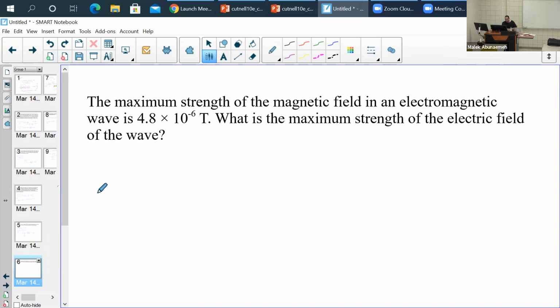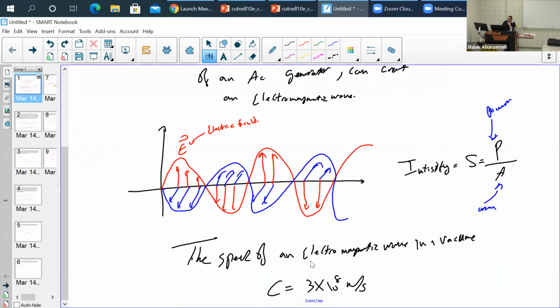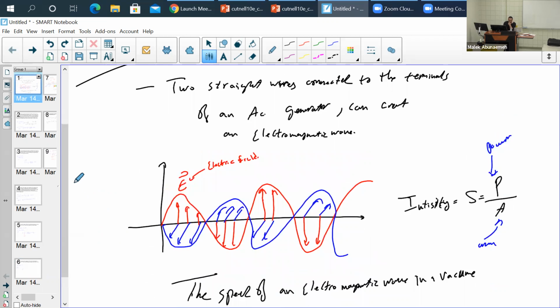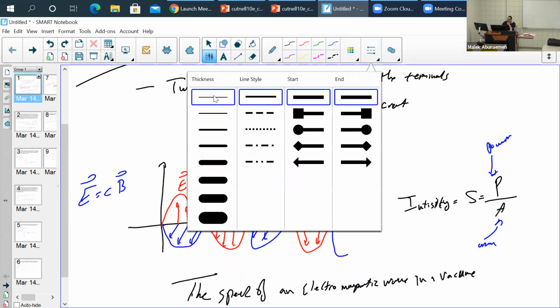So for this one, your magnetic field was 4.8 times 10 to the negative 6 Teslas, and you're looking for your electric field. I need to write this down over here. We need to define this. Your electric field is going to equal your speed of light multiplied by your magnetic field.